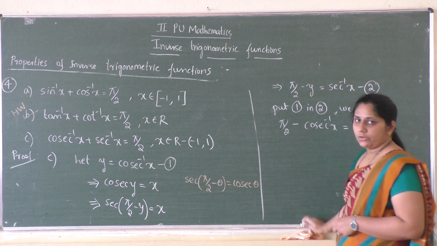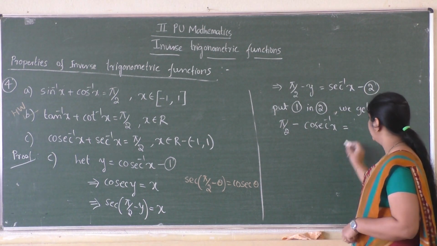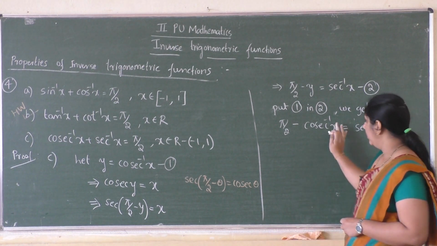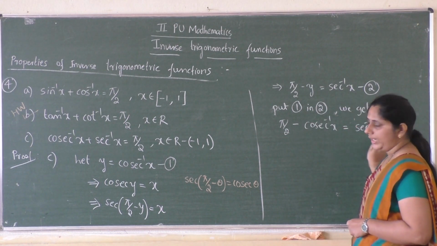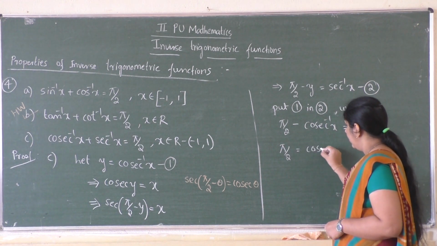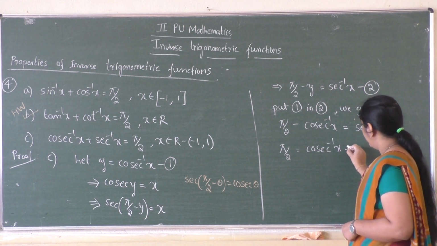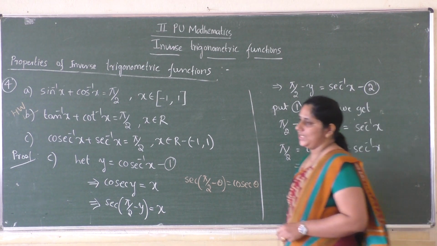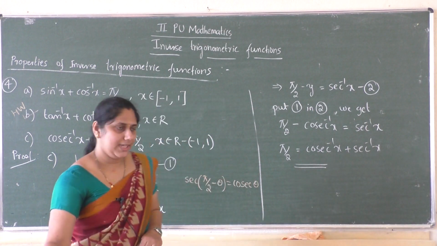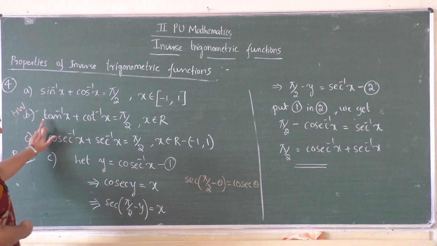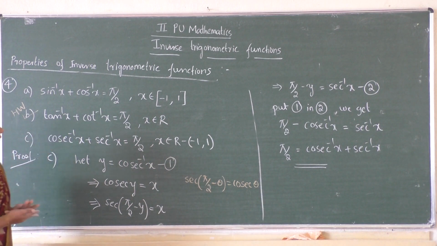It is cosec inverse x equal to sec inverse x. Now if I take this minus term to the right side, we get pi by 2 equal to cosec inverse x plus sec inverse x. So this is the proof of the third one, and the second one is homework for you.